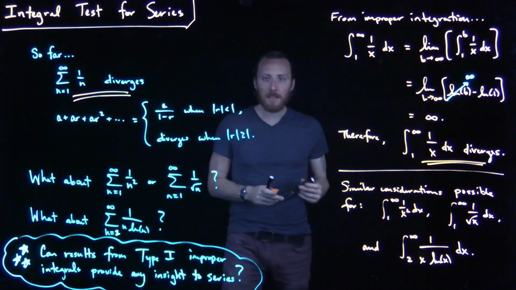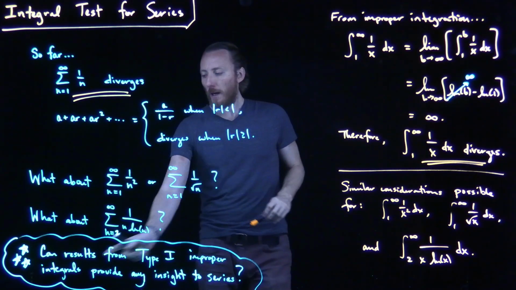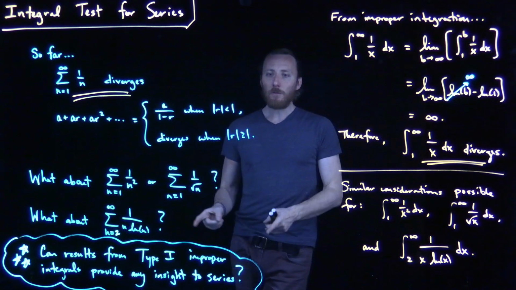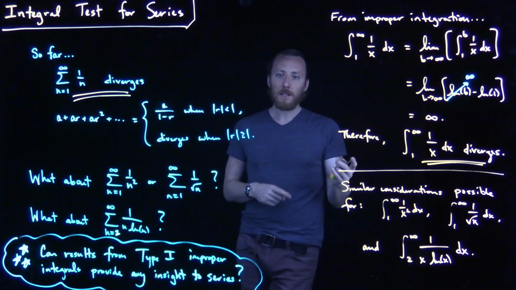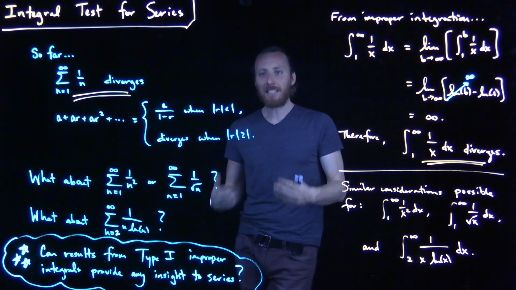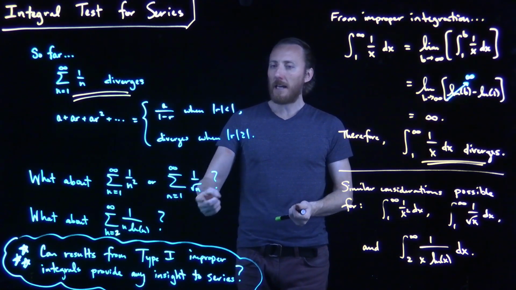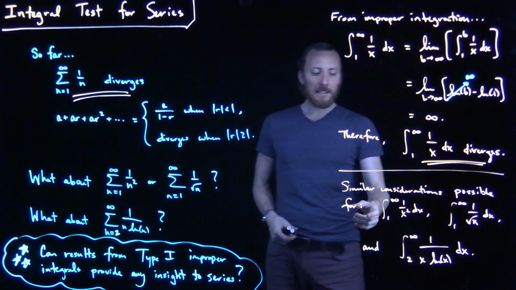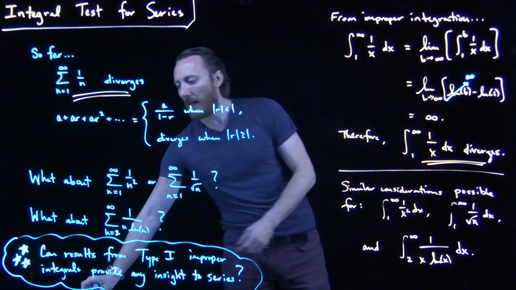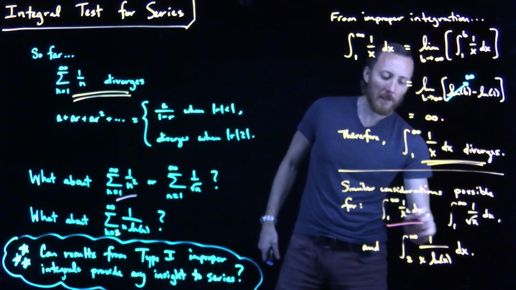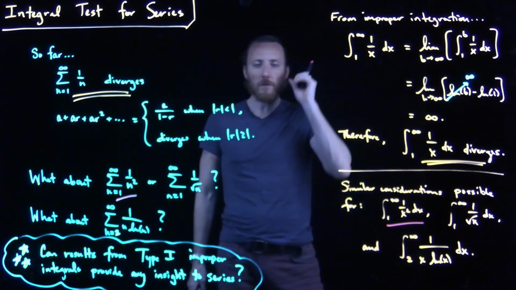Is that coincidental? The question that really is going to underlie what we're going to talk about today is, can results from type 1 improper integrals provide any insight into series? Because if they could, take these three examples that we've expressed here. Conceivably, sum 1 over n squared is very much like the integral from 1 to infinity of 1 over x squared dx.